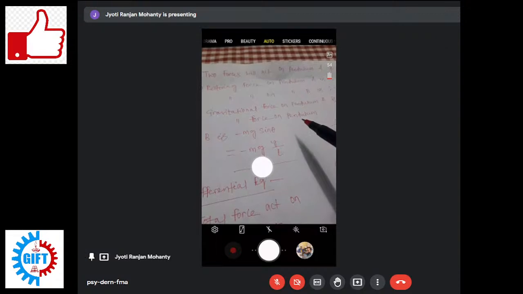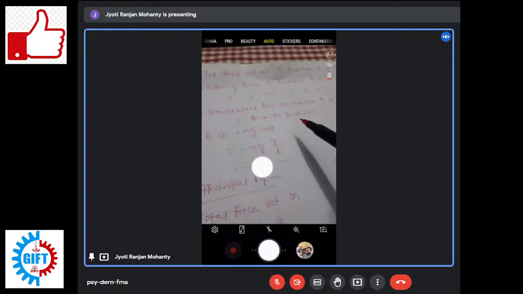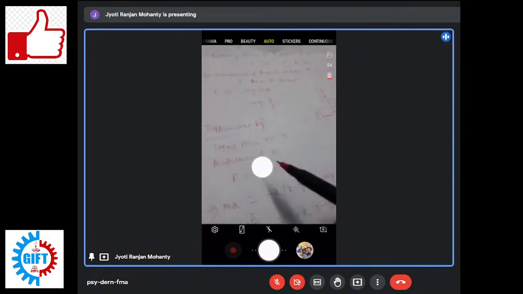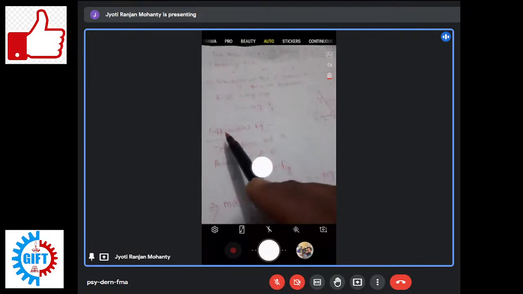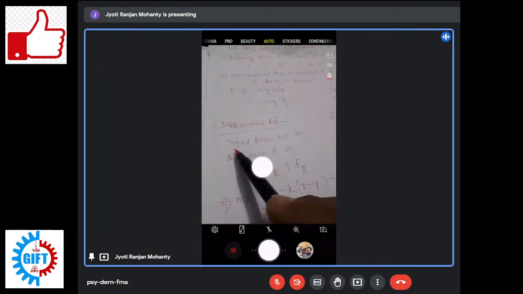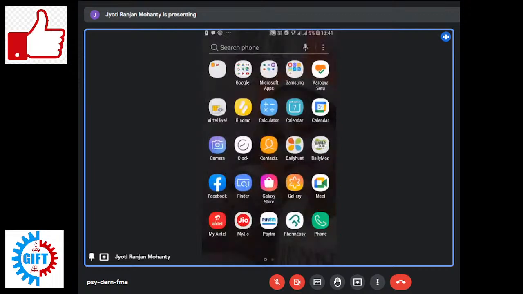Now I am going to find the differential equation. Differential equation means we have to find separately for the two pendulums A and B. First, we have to find the differential equation for pendulum A. To do this, we have already done it in the case of simple harmonic, damped harmonic, and forced oscillation.